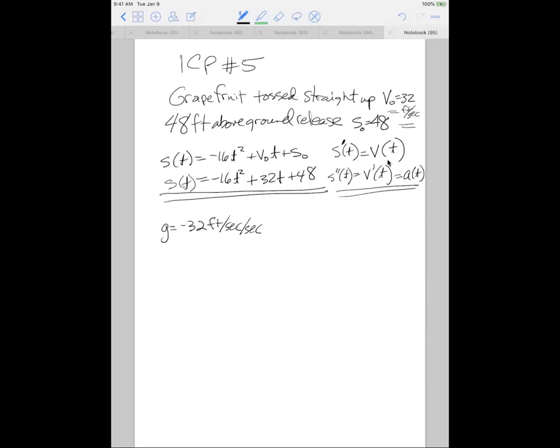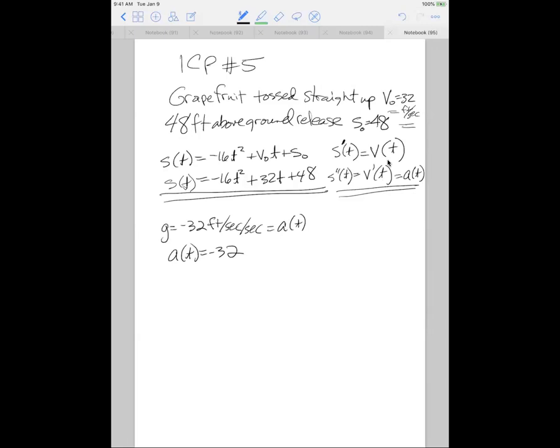That is acceleration. A of t is equal to negative 32 feet per second per second.